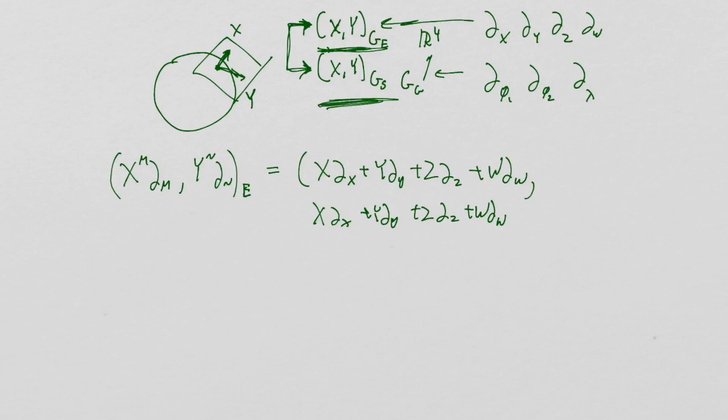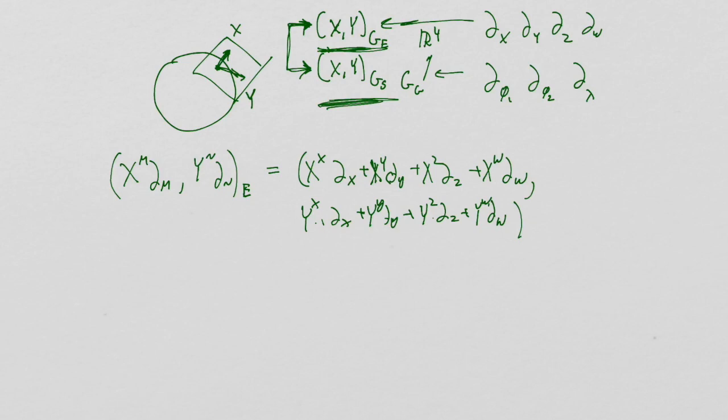Actually, my choice of components was really unfortunate here. This would be vector x's x component, vector y's x component, vector x's z component, vector x's w component, vector y's x component plus vector y's y component plus vector y's z component plus vector y's w component. Okay, that's what that would be.